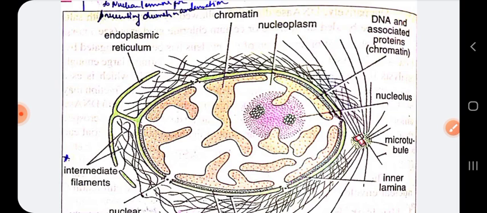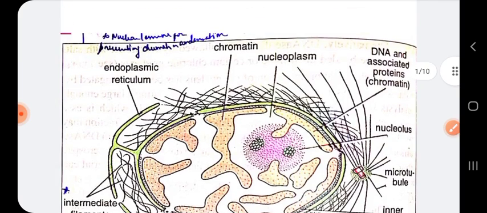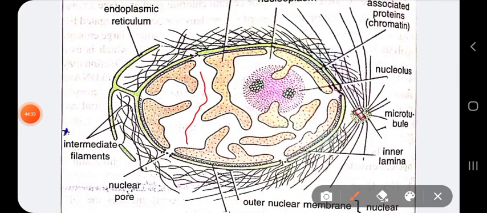Okay. So the Gemini bodies are found within the nucleoplasm, though the diagram has not shown them. Just for your BSc syllabus, you have to learn this much only. The Gemini bodies contain SMN proteins, called survival of motor neurons, which participate in the biogenesis of small nuclear ribonucleoprotein, snRNP.